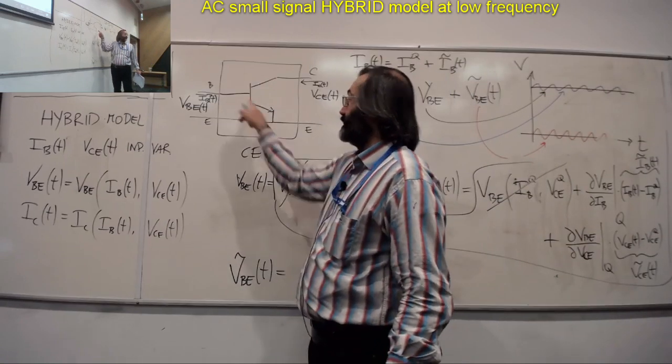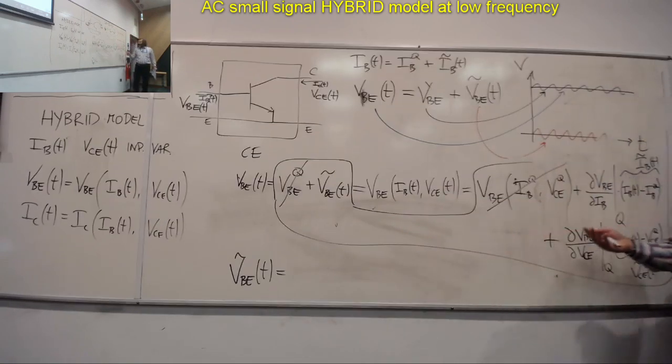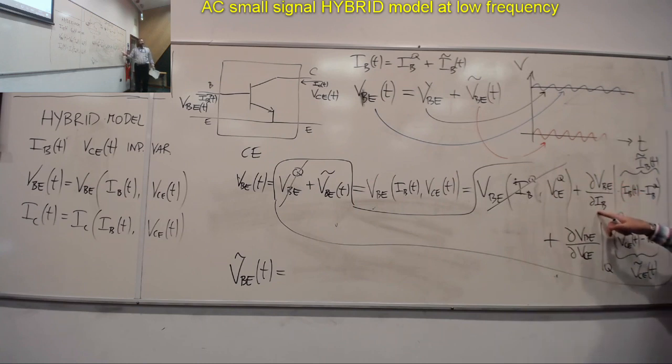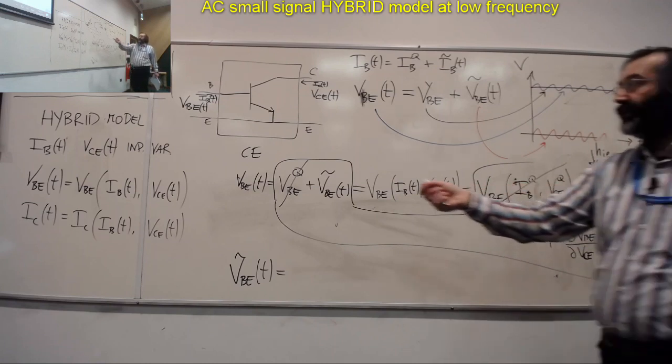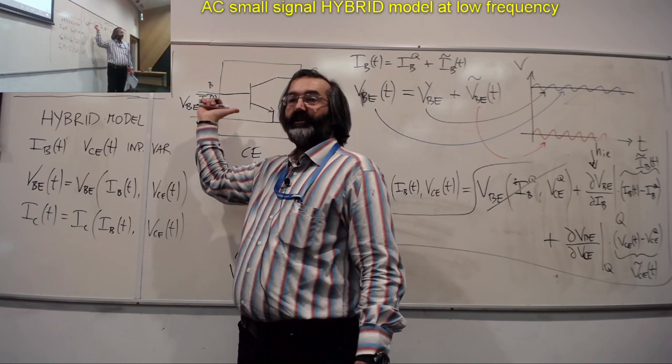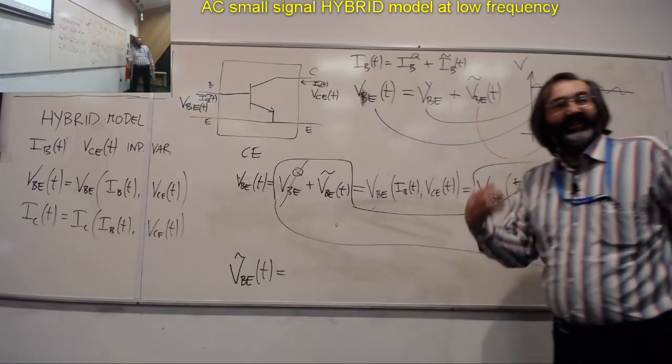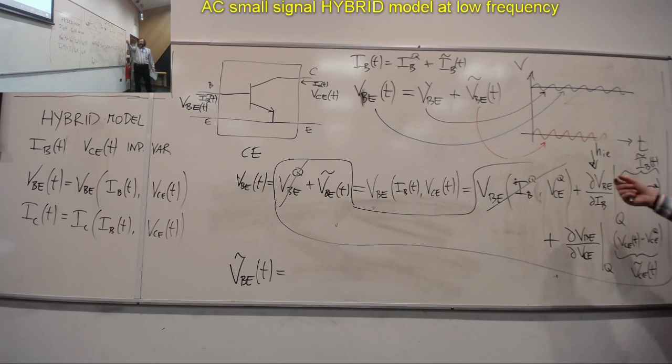Remember that B is a PN junction. So dVB over dIB is effectively what we called, when we did it in chapter 3, the differential resistance of the B junction. This has a name, indicated as HIE. The I stands for input, because remember, we are looking at this as the input port.